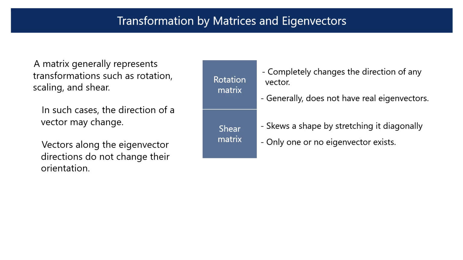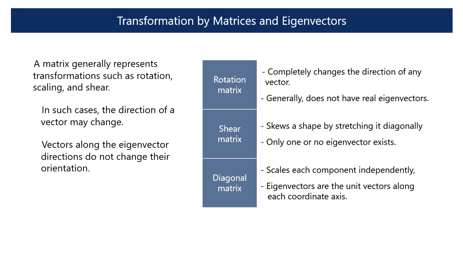Thus, a shear matrix typically has only one eigenvector, or, in some cases, no eigenvectors at all. A diagonal matrix scales each component independently, so the unit vectors along each coordinate axis become eigenvectors. Let's examine each of these cases in detail.